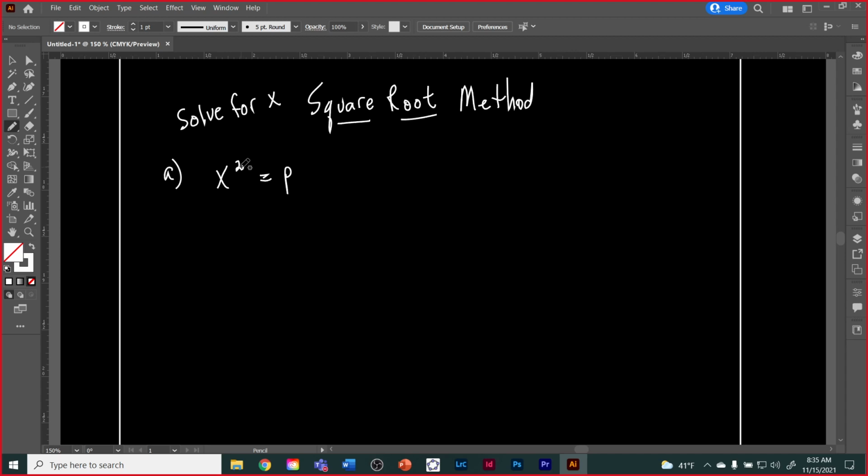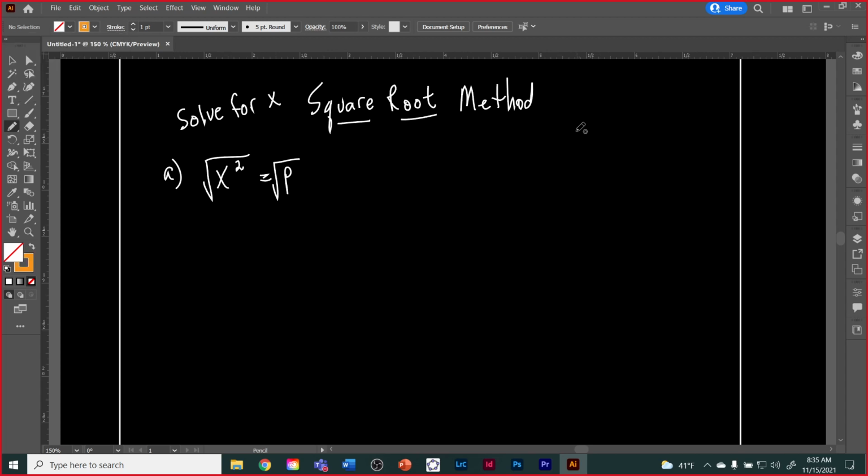I want to get rid of that square, so what do I have to do to it? What do I do? Take the square root of it. So in order to get rid of this square, I do the opposite. What's the opposite of squaring something? It's taking the square root. So I'm going to take the square root of both sides. But I'm going to show you something that we haven't really talked about. Again, let's go off to the side. I'm going to go a different color here.